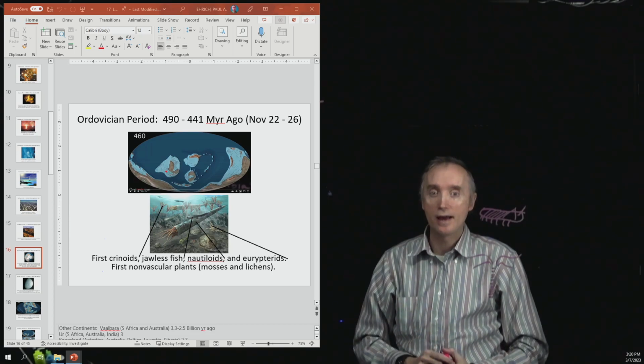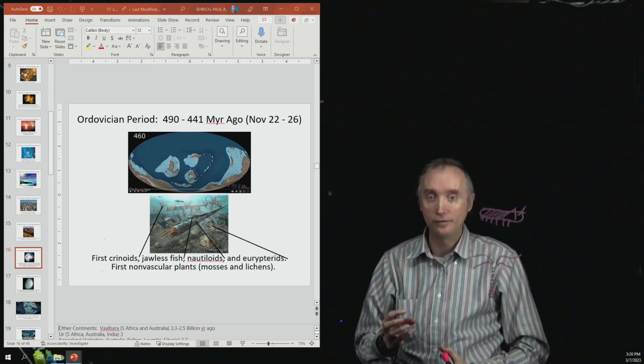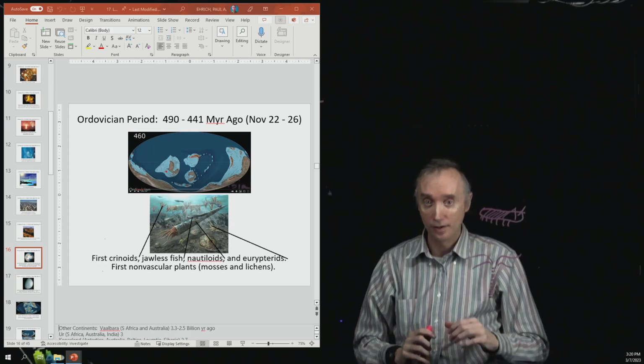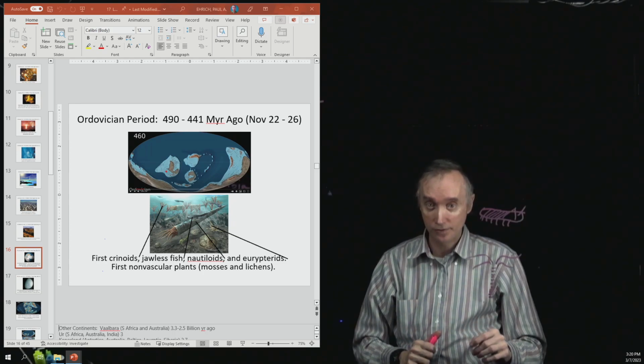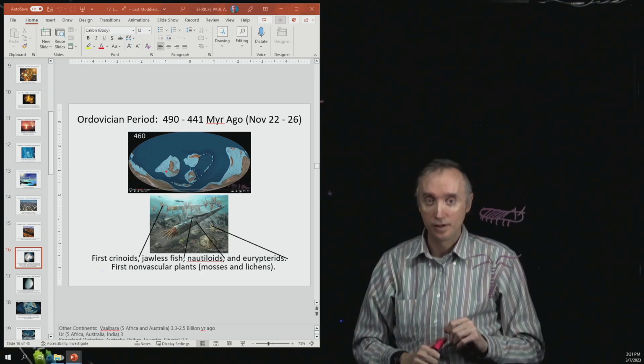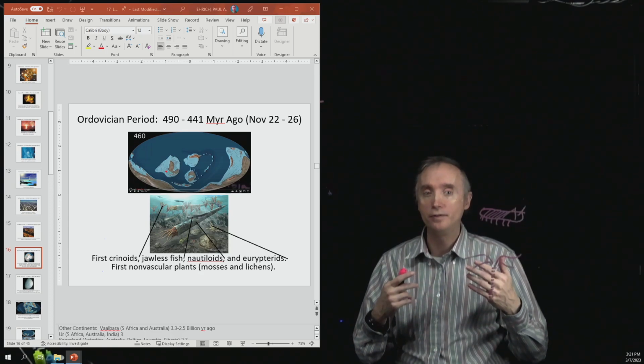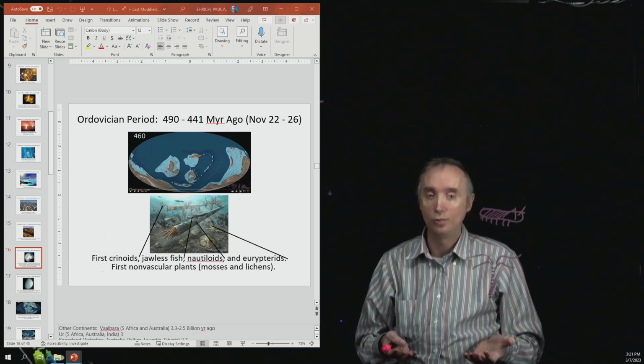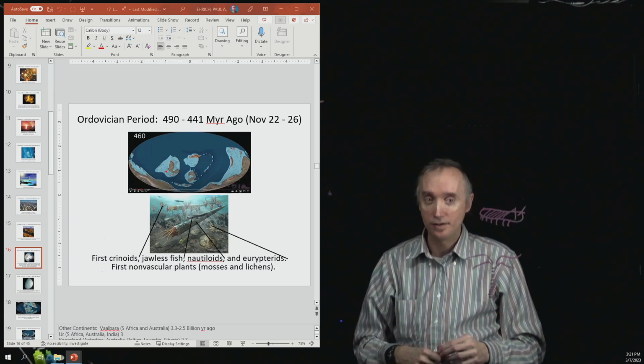You also have the first plants to get onto land. So the first non-vascular plants, such as mosses and lichens. So notice, where do we find moss today? Where do we find lichens today?